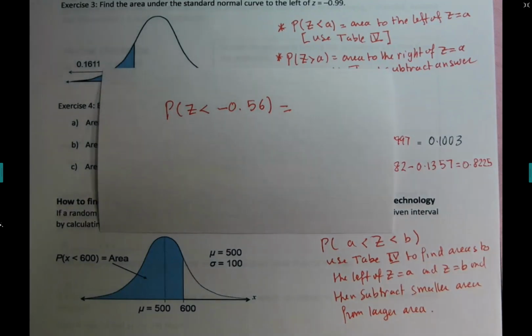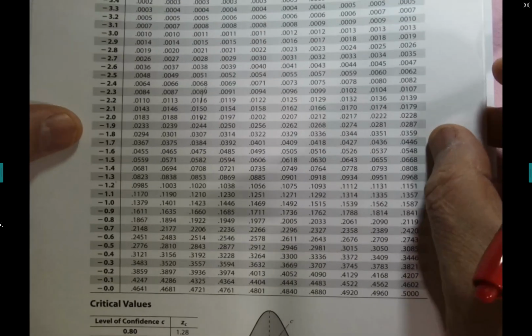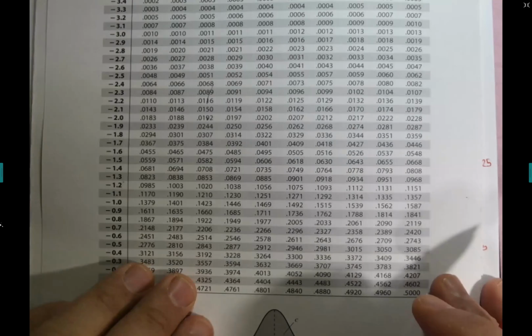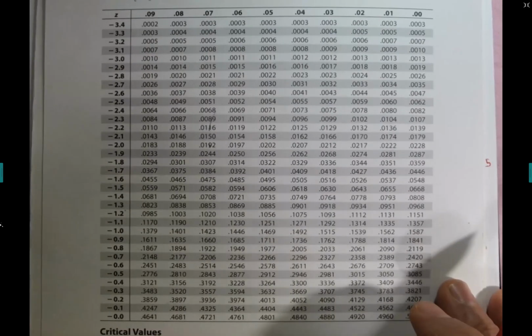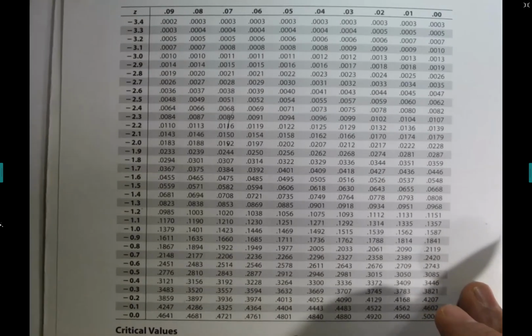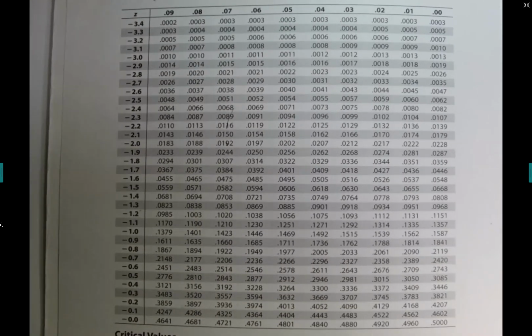Do you guys agree that this is an area to the left? So we just use the table as is, negative 0.56. You got to go to the bottom because the negative 0.5 is right at the bottom. So who will give us an answer?